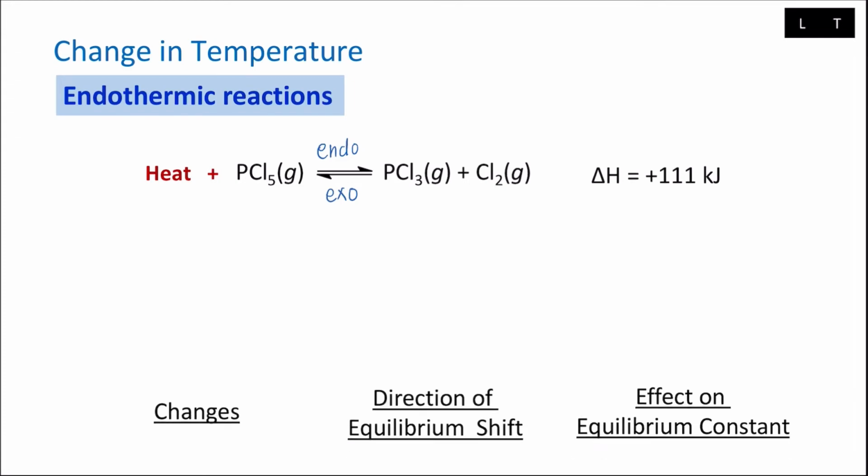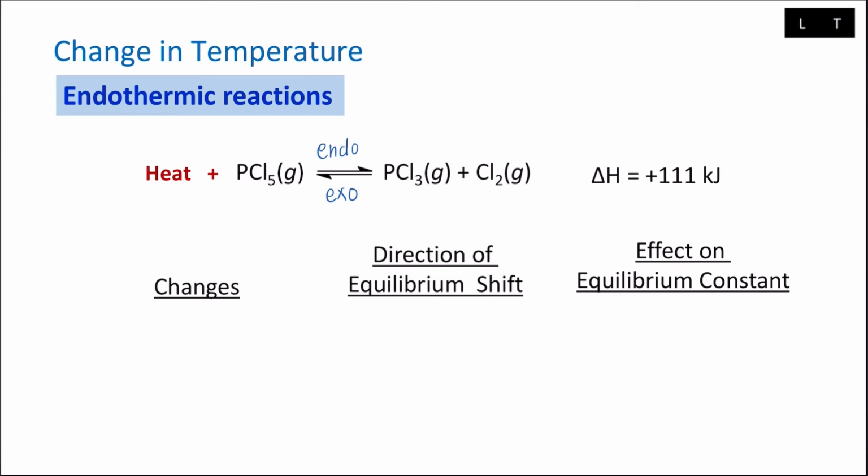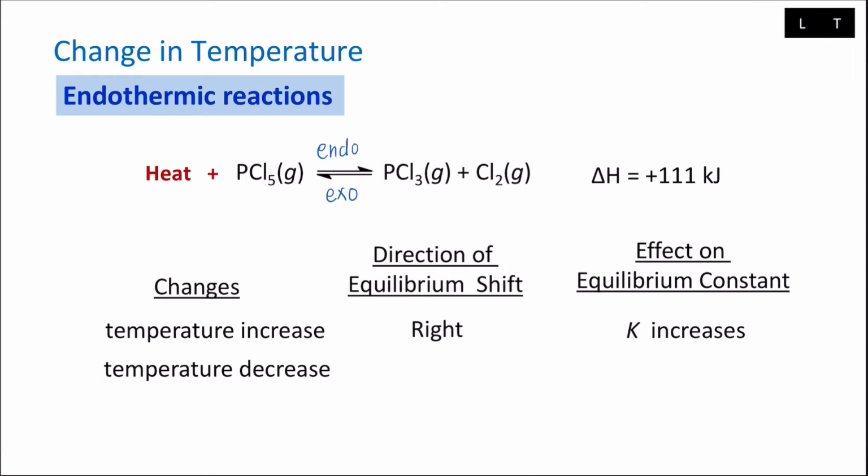So dalam kes ini, saya ada bagi sedikit summary. When you increase the temperature, the direction of equilibrium shift to the right. So your K value bertambah. Tapi bila awak kurangkan temperature, equilibrium will shift to the left dan value K awak akan mengikut temperature awak. So decrease, decrease, increase, increase.